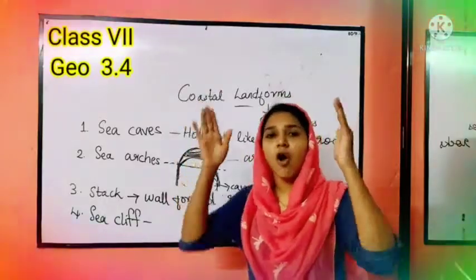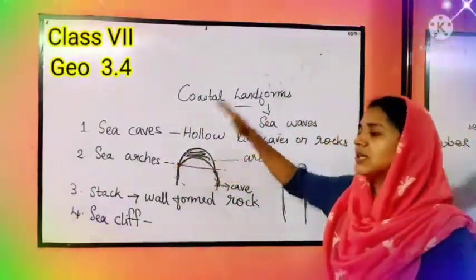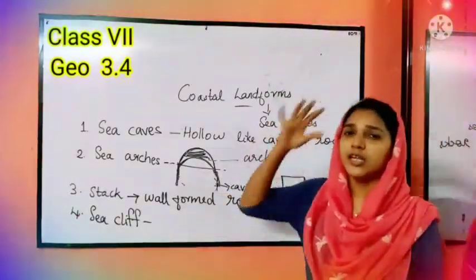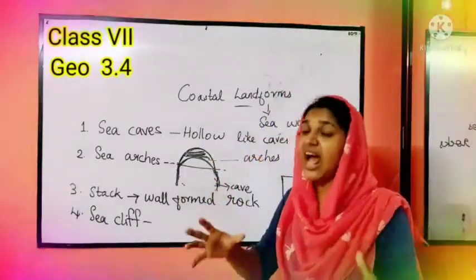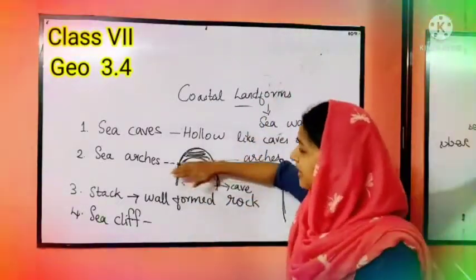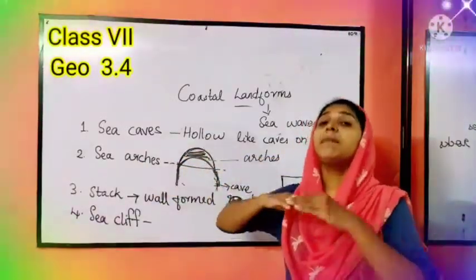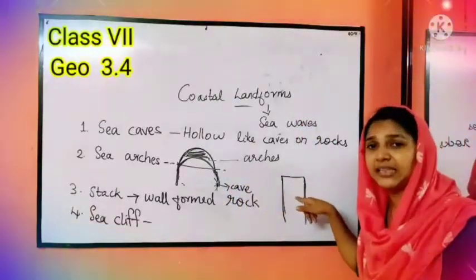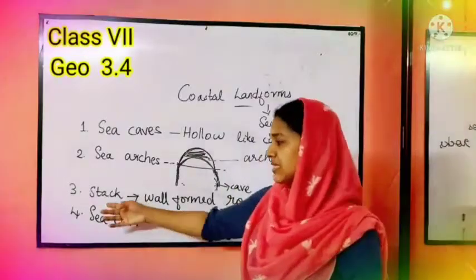Stack means a wall-sized rock like this. When the sea waves continuously hit, cracks will appear and sometimes the top part of the arches will be removed and it remains like a wall like this, and this type of rock is called a stack.